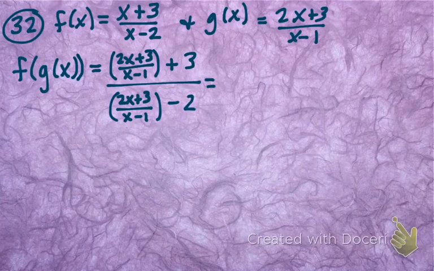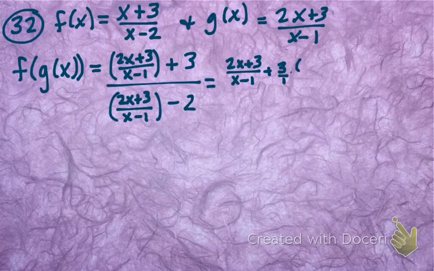Alright, so the common denominator for the top is x minus 1. So I'm going to put an x minus 1 underneath. Actually, let me not do it that way. I don't want that, this might confuse some people. So I've already got the common denominator on the first term on the top. So I need the 3 to have the same denominator.